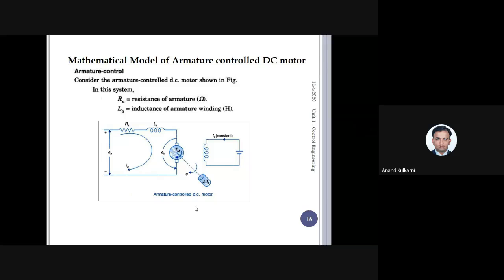The RPM is given by the equation N = 120 F divided by P, where 120 is a constant, F is the frequency of the power supply, and P is the number of poles. Suppose our KEB power supply is 50 Hertz, then it is 120 into 50, that is 6000, divided by P. If the number of poles is 2, then the RPM is 3000, because 6000 divided by 2. Whereas if you have a 4-pole motor, it is 6000 divided by 4, that is 1500.